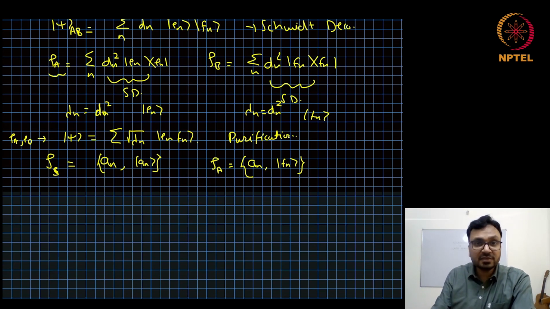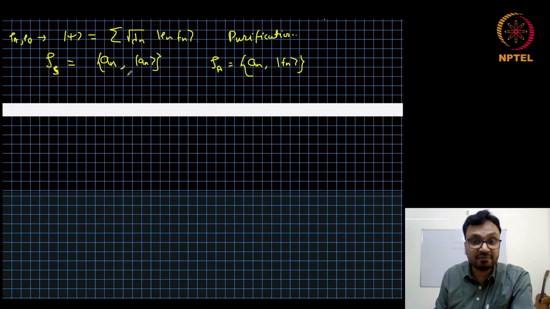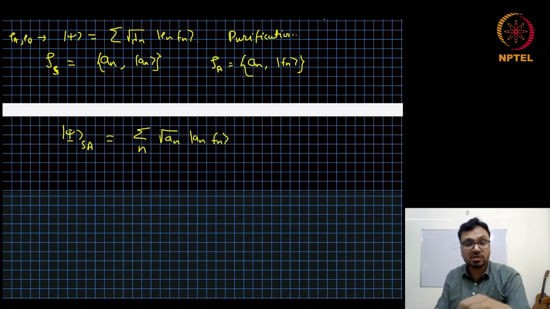This choice of eigenvectors is completely arbitrary. We can choose any orthonormal set fn. We are just interested in the eigenvalues an. Then the total state of system and ancilla is the sum over n of square root of an, which is given to us, times en fn, where fn we can choose arbitrarily as long as they are orthonormal.